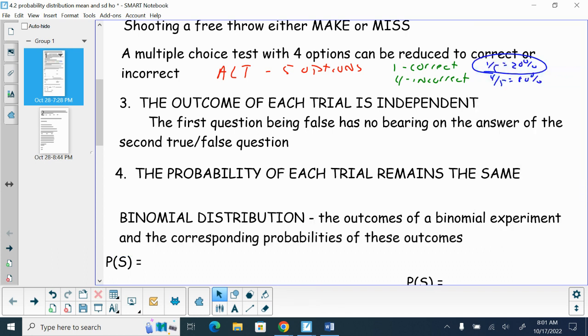The outcomes of a binomial experiment and corresponding probabilities of these outcomes. Okay, when you're talking about a binomial distribution, it's the outcomes of a binomial experiment and the corresponding probabilities of these. It's what we talked about last Thursday, when you had just a probability distribution.